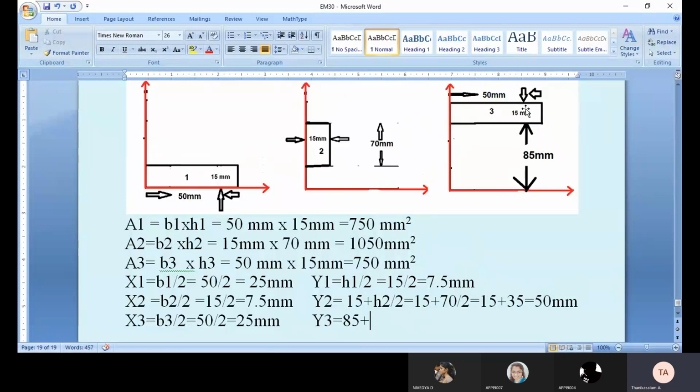H by 2 is the formula for a rectangle, and the 3 means the section name. Therefore, 85 plus 15 divided by 2, that is 85 plus 7.5, equal to 92.5.